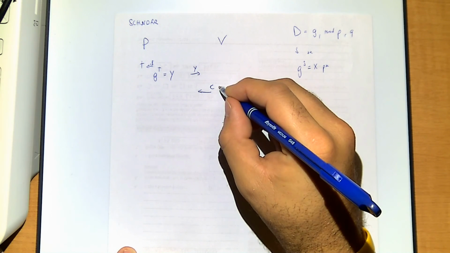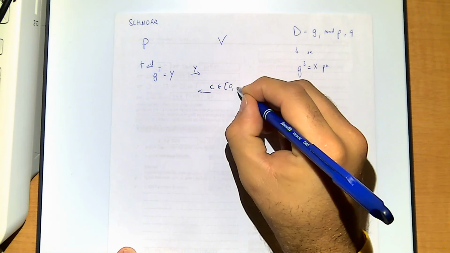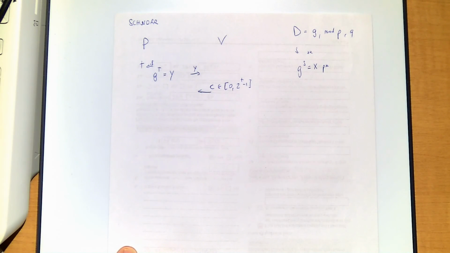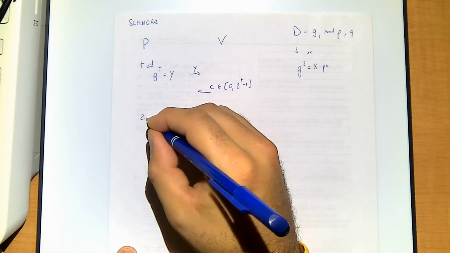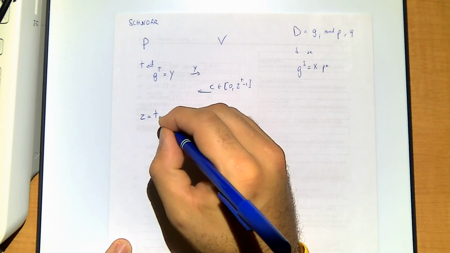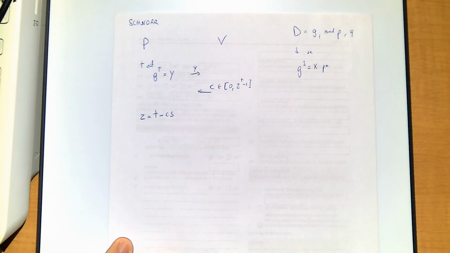So we'll take this in, for example, 0 to 2 to the t minus 1, something like this. And t is the bit length of this challenge, typically 160 or something like this, so it provides a high authentication level.